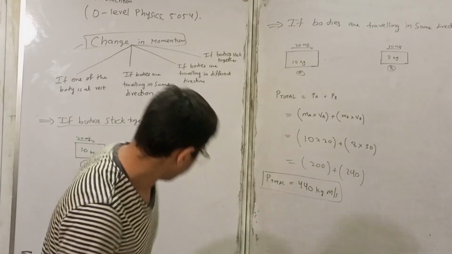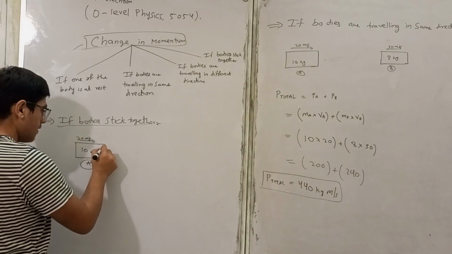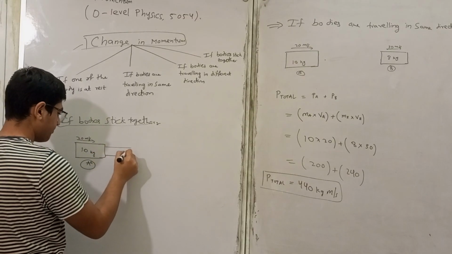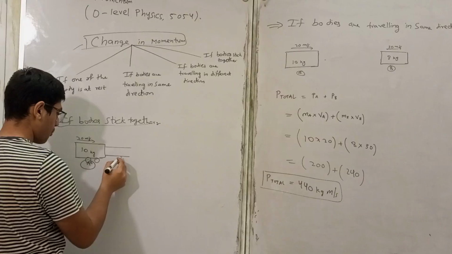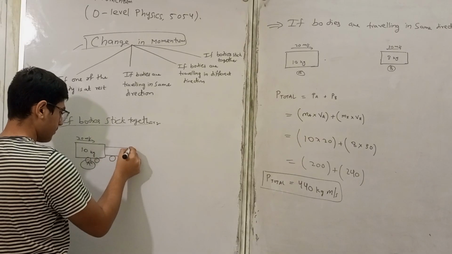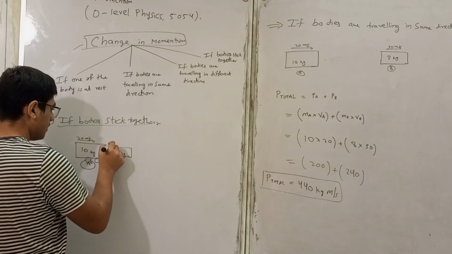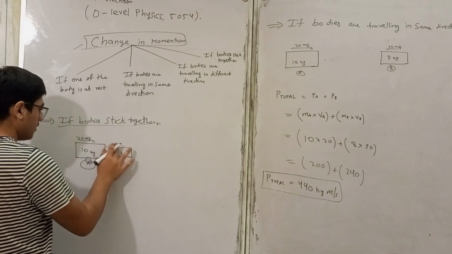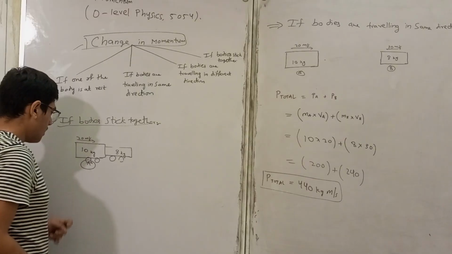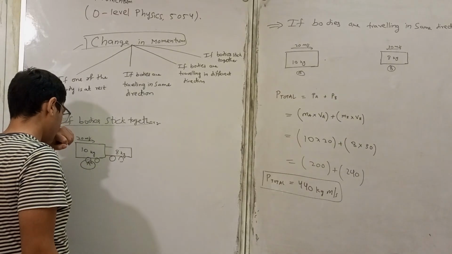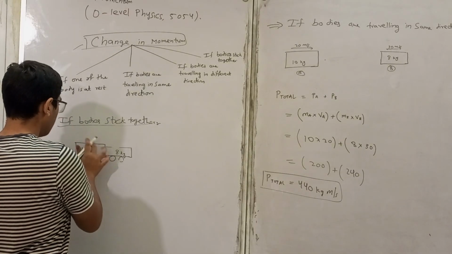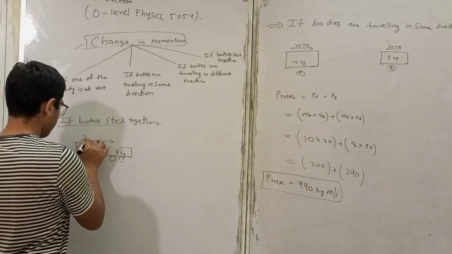And while traveling, it sticks with car B, which has a mass of 8 kg, and they both are now traveling at, let's say, 24 meter per second.